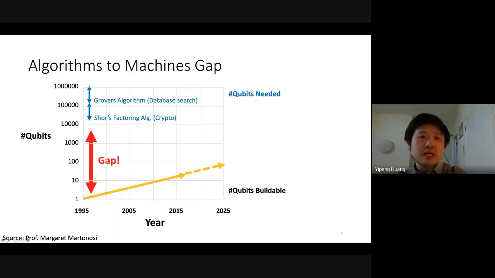But as we understand, if we are going to eventually one day run these algorithms that are so famous, like Grover's and Shor's algorithm, we need a huge number of qubits in order to provide the fault tolerance, in order to provide the error correction, in order to run those types of algorithms.